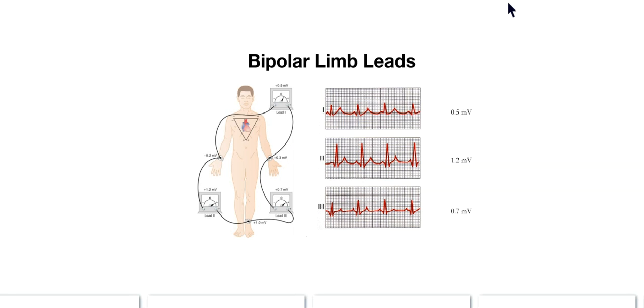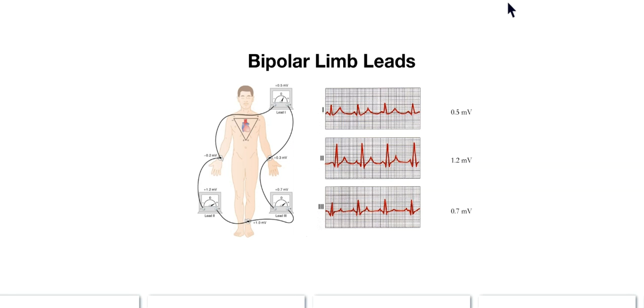Three of them are going to give you information about the frontal plane, looking at it from top to bottom. How is the current conduction passing through the heart from, I guess, north to south? The recorder is going to give you a cross-section from front to back.